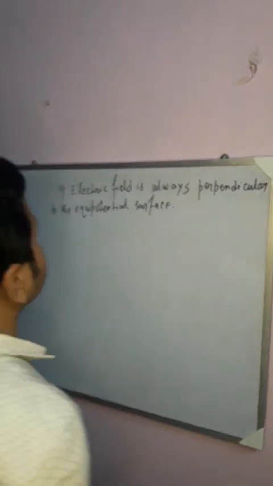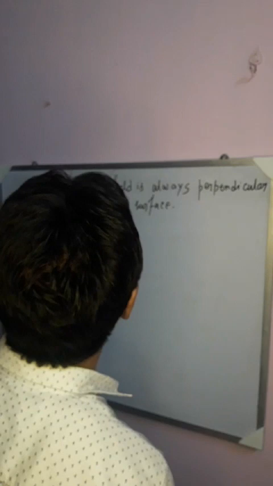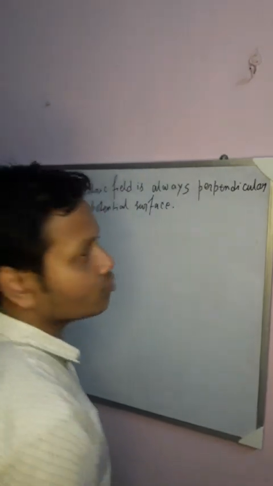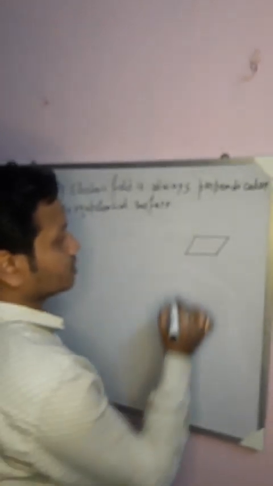Okay, electric field is always perpendicular to the equipotential surface. So how can we verify it? Just draw an equipotential surface there.